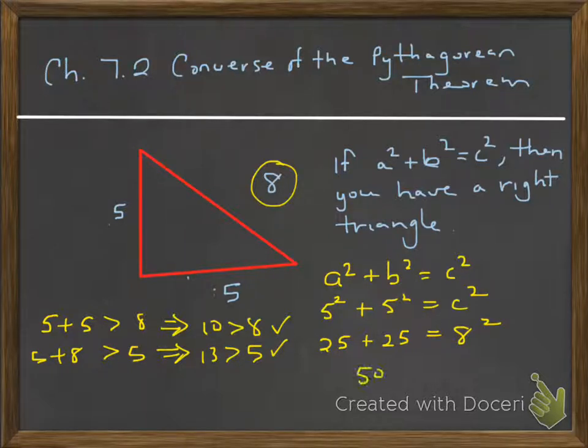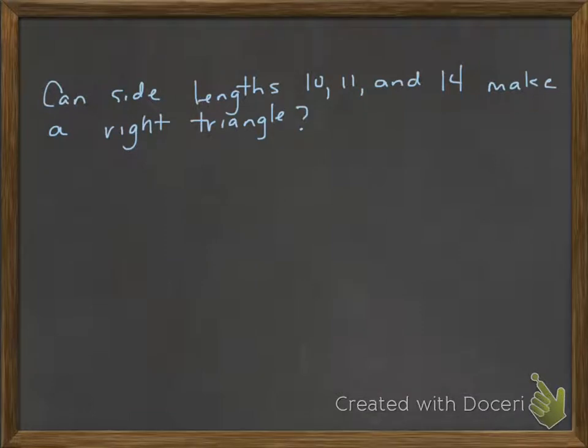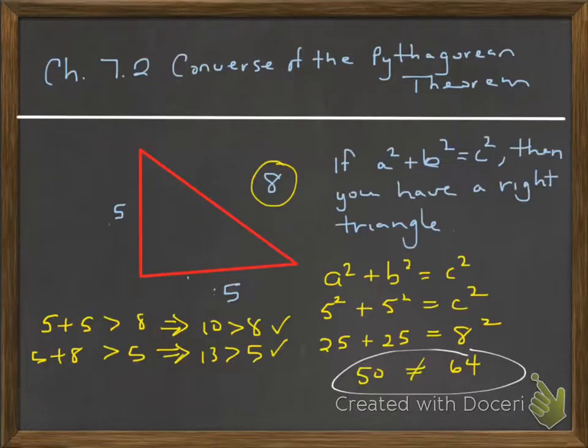Well, I now know 50 does not equal 64. So this is not a right triangle, okay? In order for this to have been a right triangle, I would have had to make these equal each other, right? We're going to talk about that in just a minute, because the 50 not equaling 64 is going to tell us something.